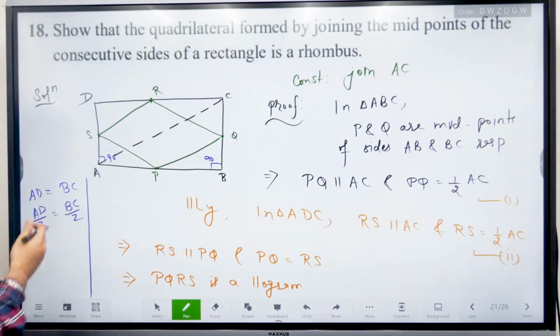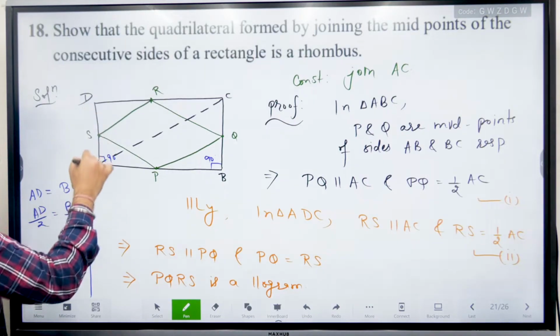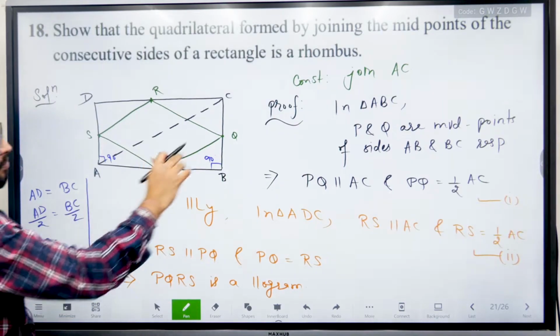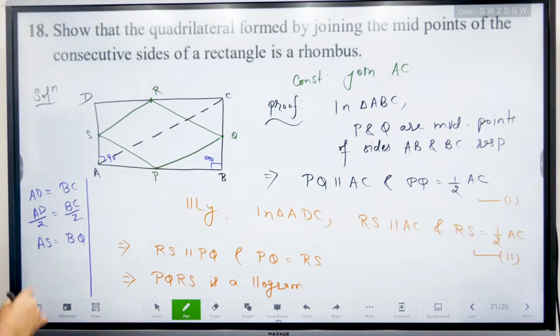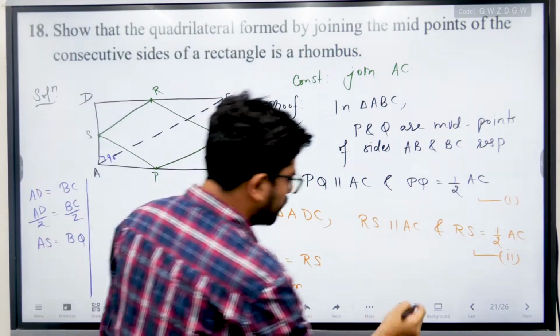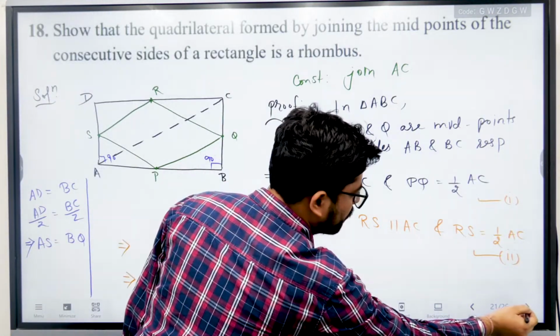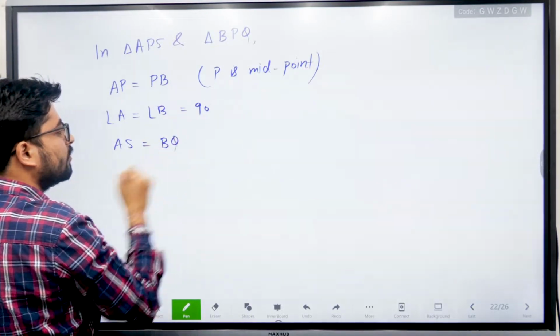AS is AD by 2 because S is the midpoint, and BC by 2 is BQ because Q is the midpoint. So you can say AS is equal to BQ because of this.